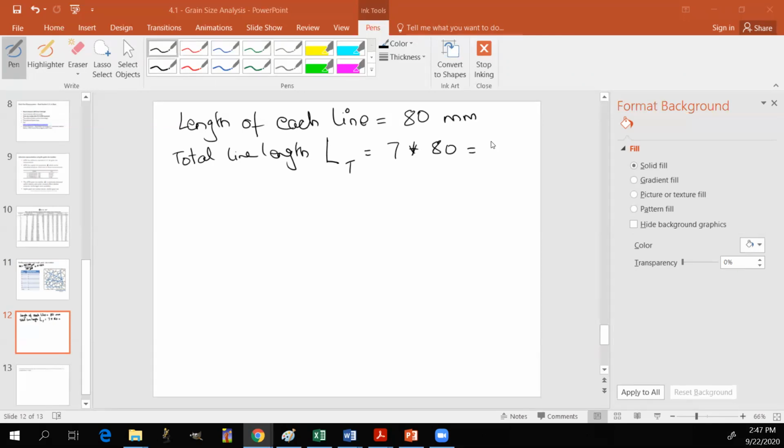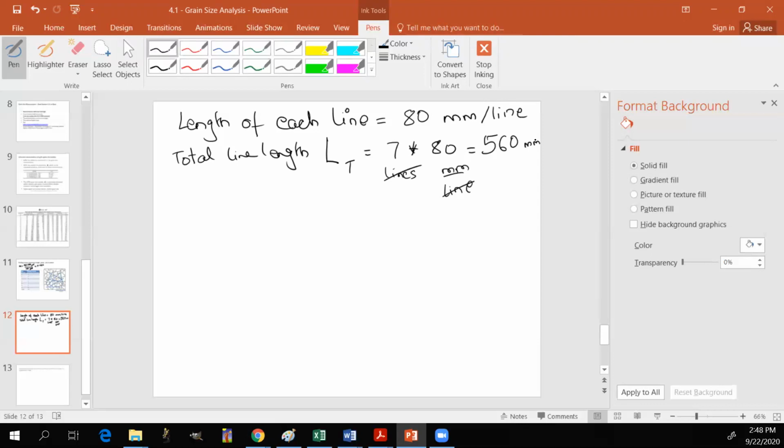If you want to use units, this is 7 lines, this is millimeters per line. Lines cancel out, 7 times 80, you end up with 560 millimeters.